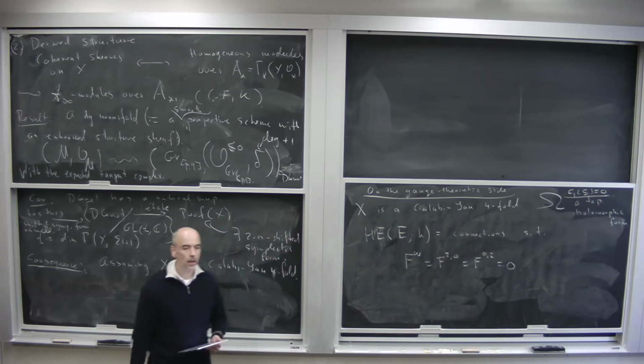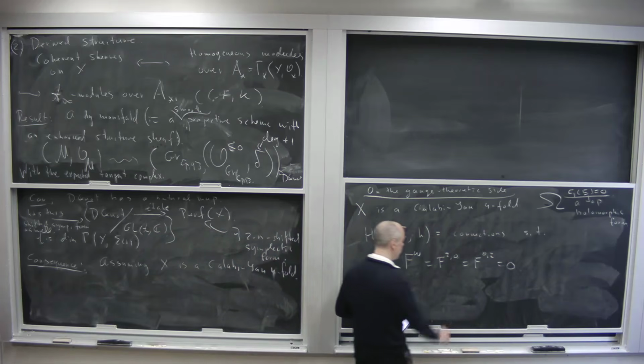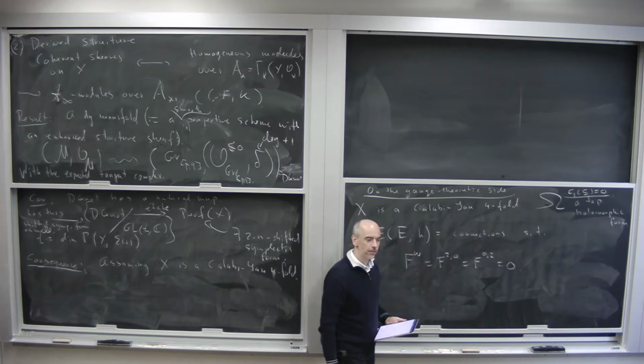That's what it means here to be Hermitian and Einstein. So where is Hermitian? Where is Einstein? Can somebody tell me, where is Hermitian? Where is Einstein? Which one is Einstein?